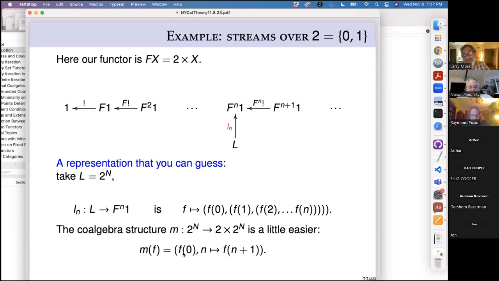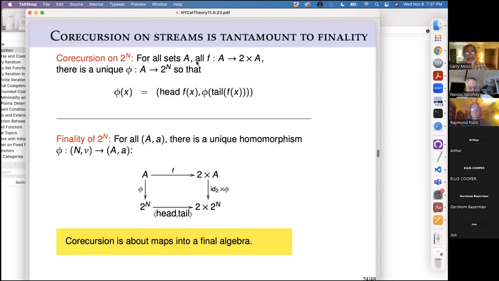So I'm going to give out the first element of it, f of 0. That's the very first part of the sequence. And then I'm going to get out this shifted map, which takes a number n to f of n plus 1. And so this is how it works. It would actually be the streams of binary digits. So that's what the final coalgebra is for this case.